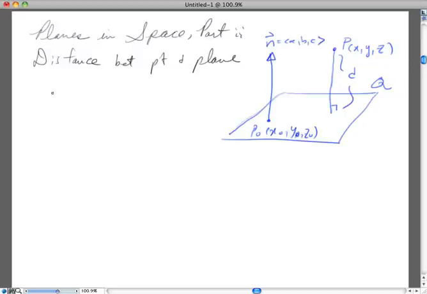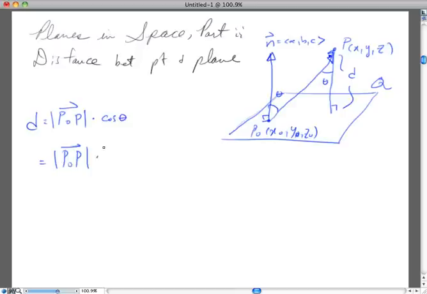And that D will basically be the magnitude of the P naught P vector times the cosine theta. Now, if you remember earlier, when we had two vectors, let's say this vector right here, guys, if this has angle theta, that will be angle theta too, because they have the normal right here as well.